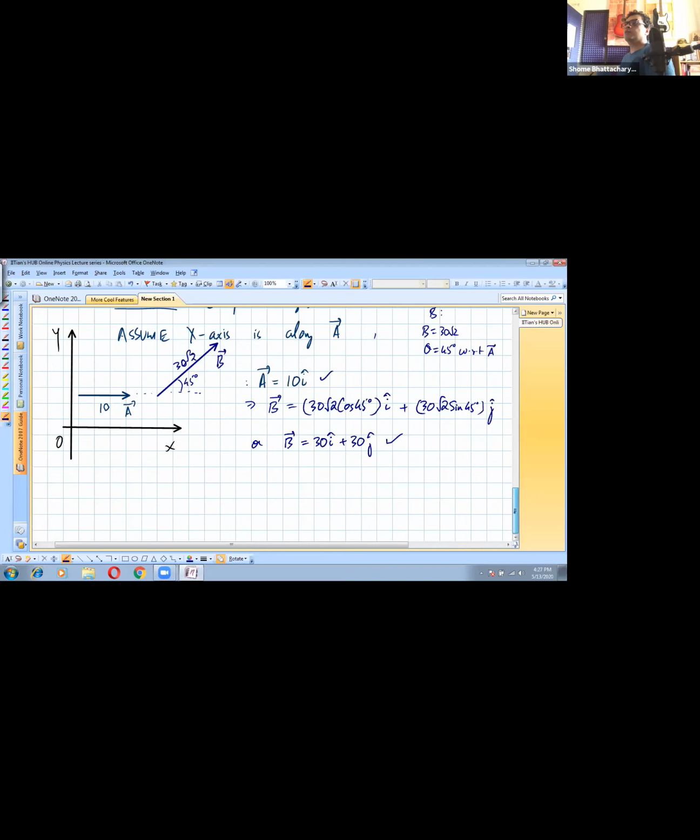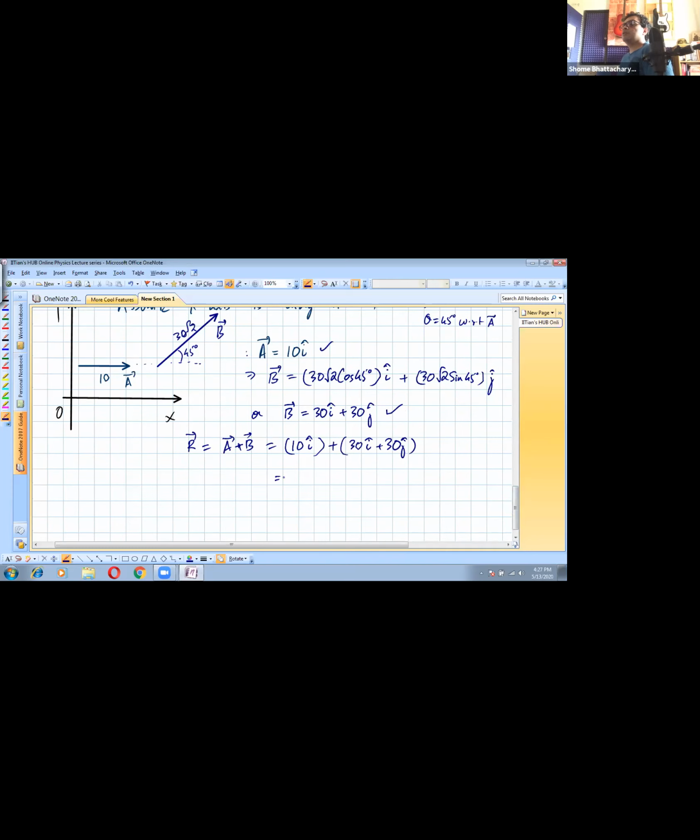So now I come to the resultant. I don't need to go back to the diagram and all that. I'll just use component algebra. So A plus B, you can call the resultant, is simply 10 I cap, which is vector A, plus 30 I cap plus 30 j cap. You are all familiar with all this now, so it's no problem. So you can see 10 plus 30 is the resultant's x component, whereas 0 plus 30 is the resultant's y component.